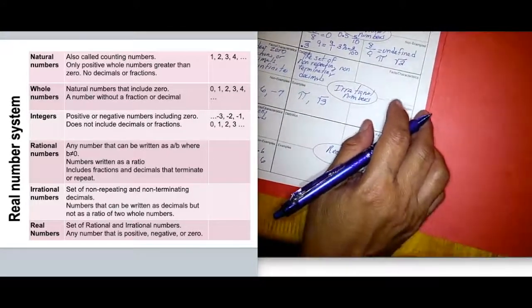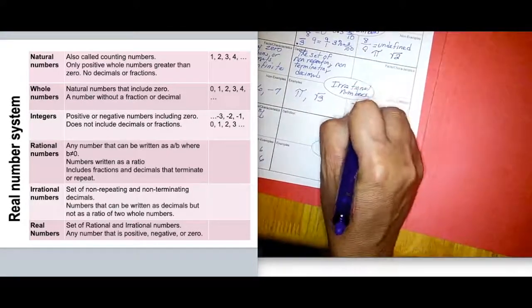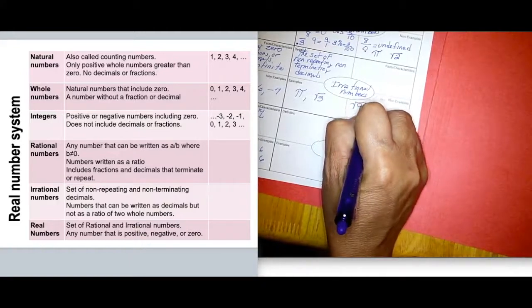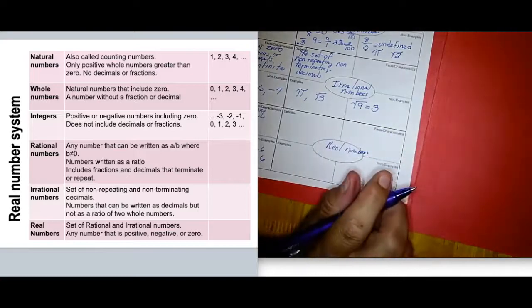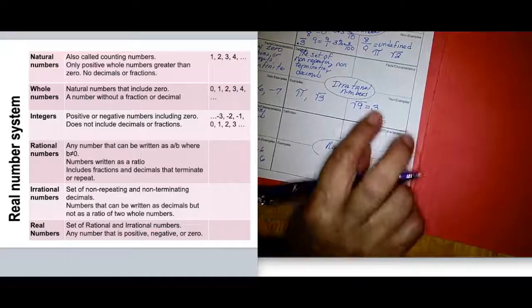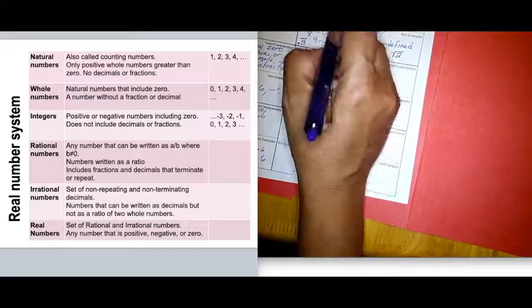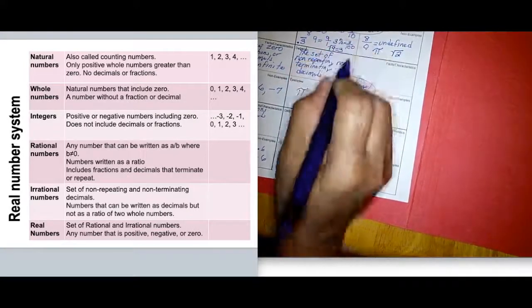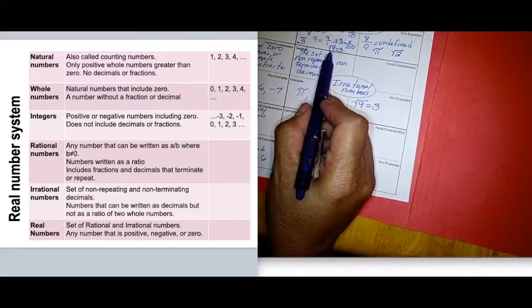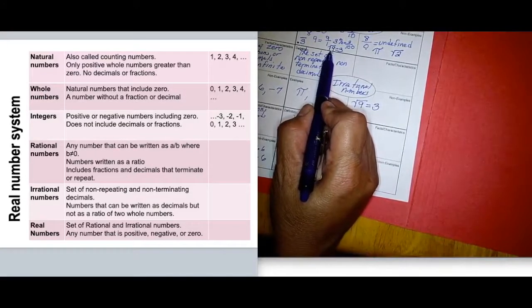Now be careful here. If you have the square root of 9, we know that the square root of 9 is 3. So that is considered a rational. So maybe over here we can put that the square root of 9 is 3. It looks irrational, but it can be simplified.